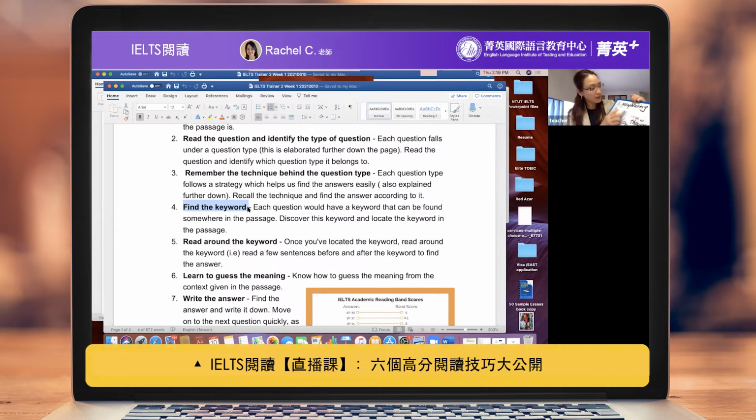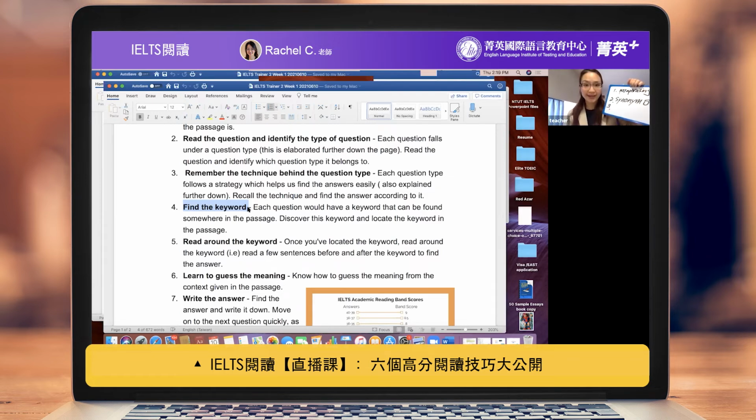Okay. And then the second way you find the keywords is actually trying to find synonyms. Synonyms means words that have the same meaning, which means you have to enlarge and expand your glossary.